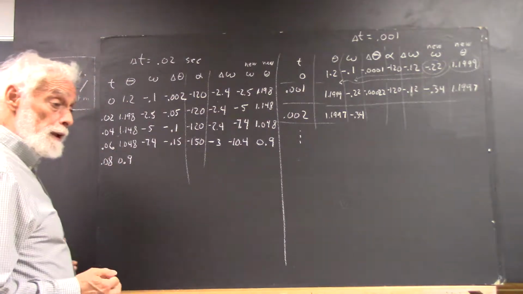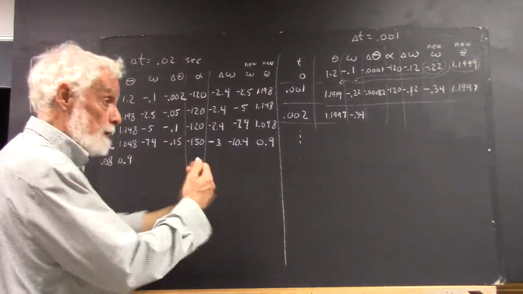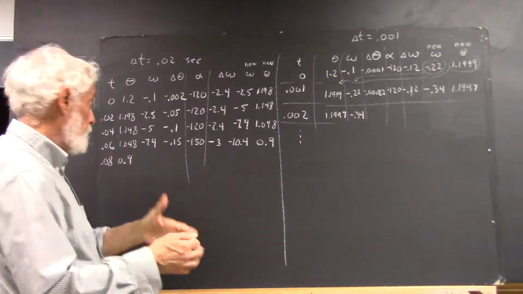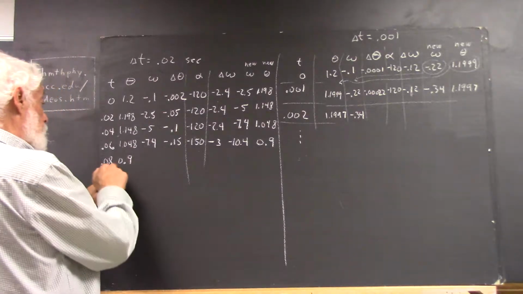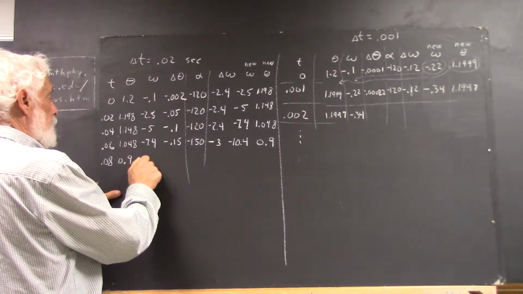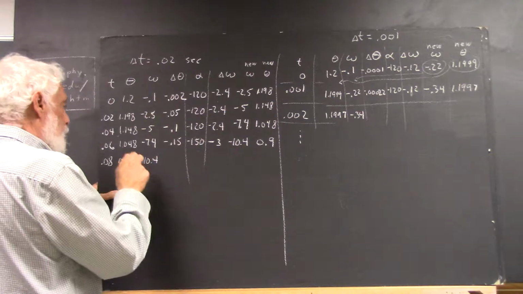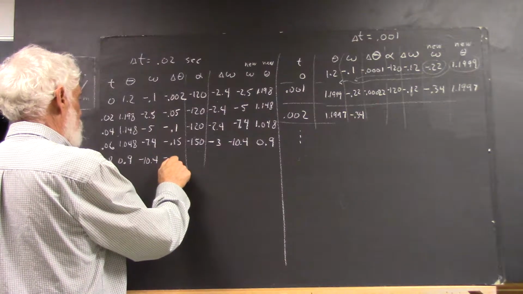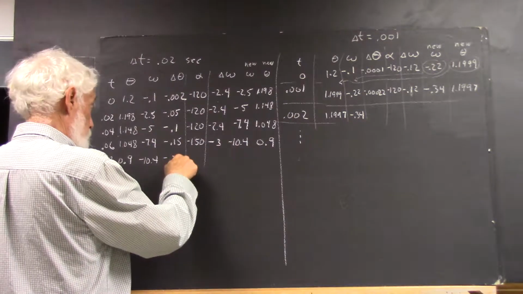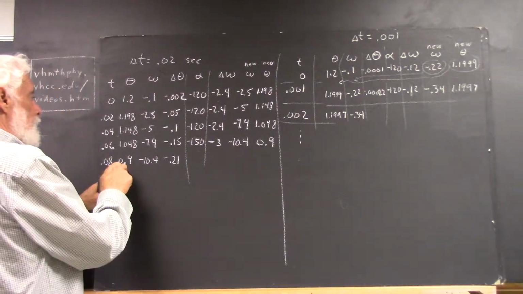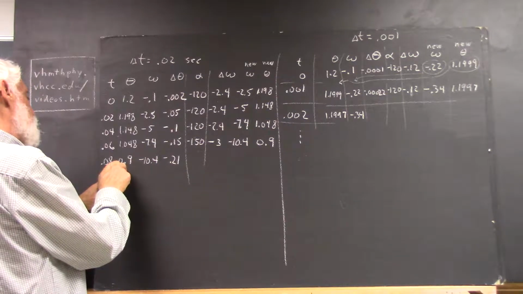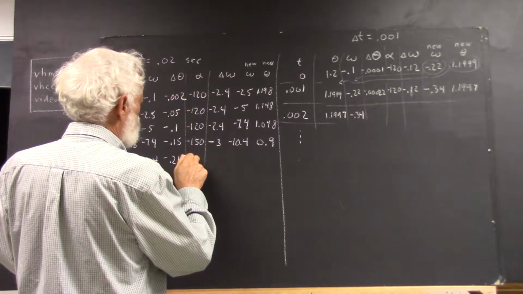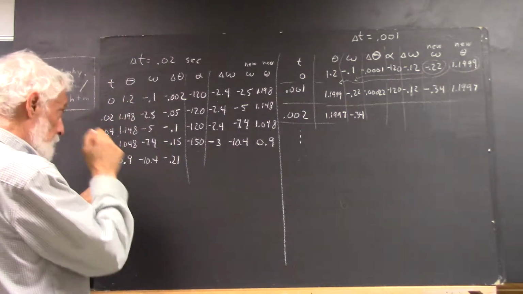You can do the same process with your calculator, or you can figure out how to use Excel to do this. And you can also get a free spreadsheet you can download on the internet. Anyhow, omega is negative 10.4. Now that is going to give us a delta theta of about negative 0.21. Okay? Angle is 0.9 radians, which is going to bring this up to about maybe 0.6.